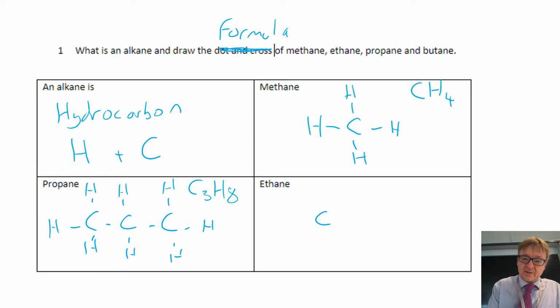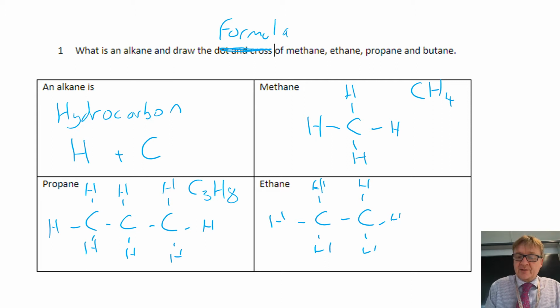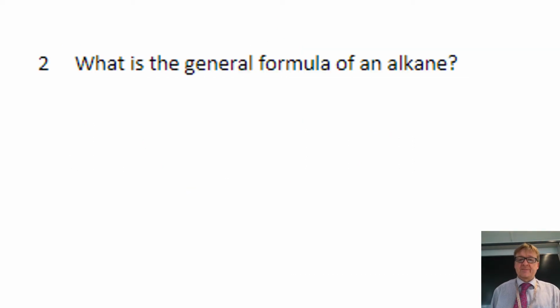Ethane has got 2 carbons, lines around it, H, H, H, H, H, H. And again, if you notice, they're supposed to be H's, we've got 4 bonds per carbon, so it's C2H6. Okay, that's ethane. What's the general formula for an alkane?